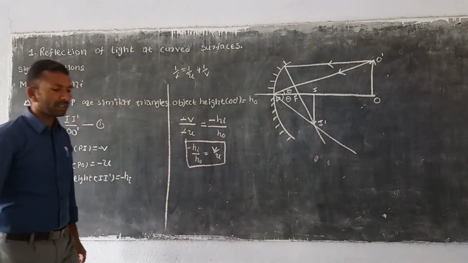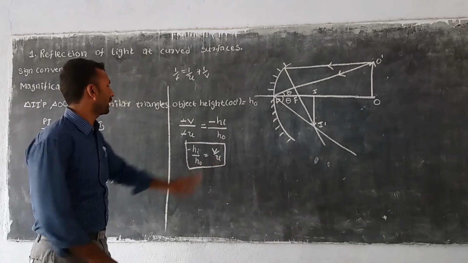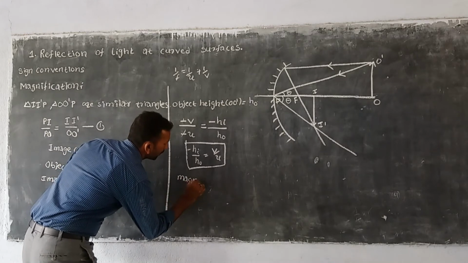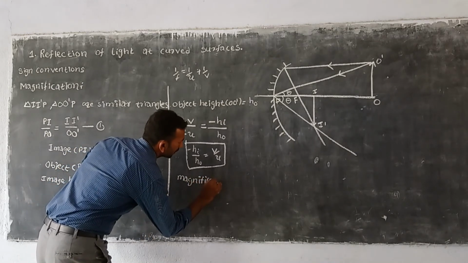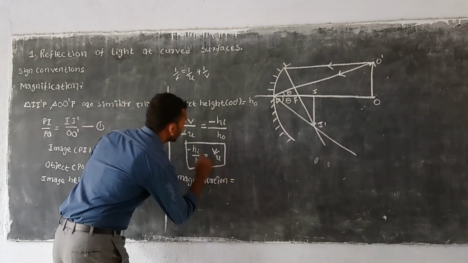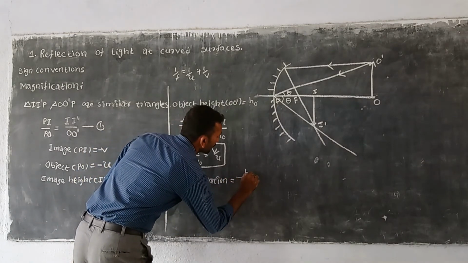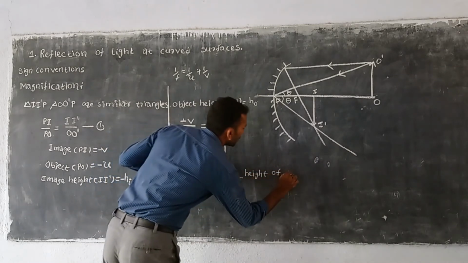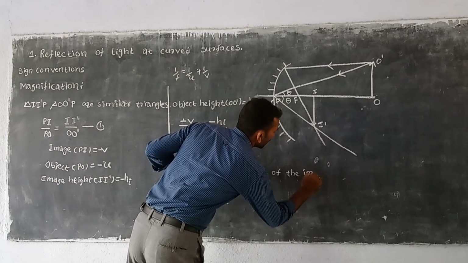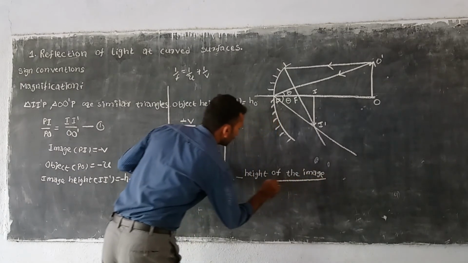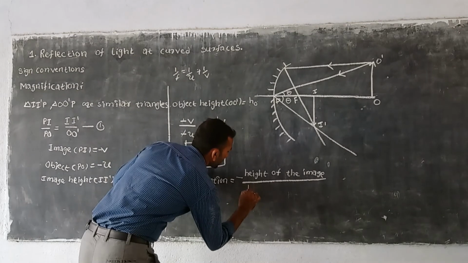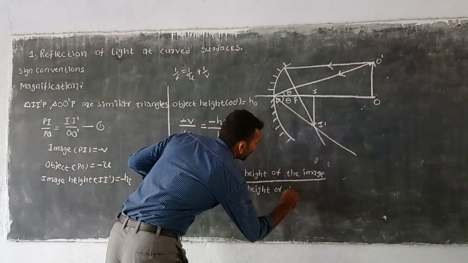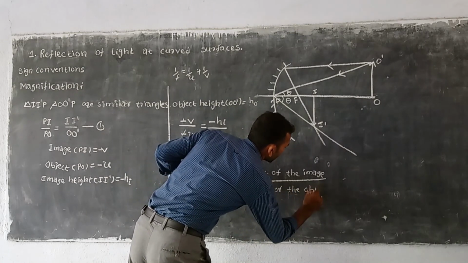This is the magnification formula, and we can write the definition: magnification equals minus height of the image by height of the object.